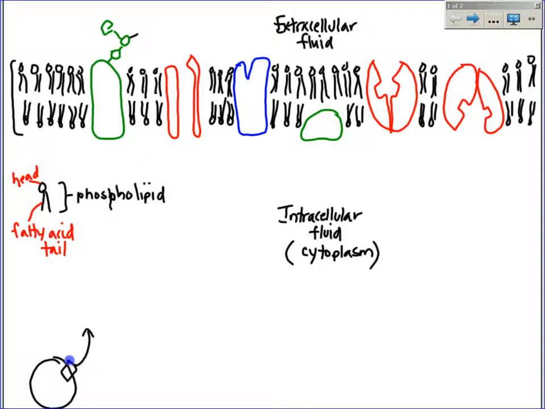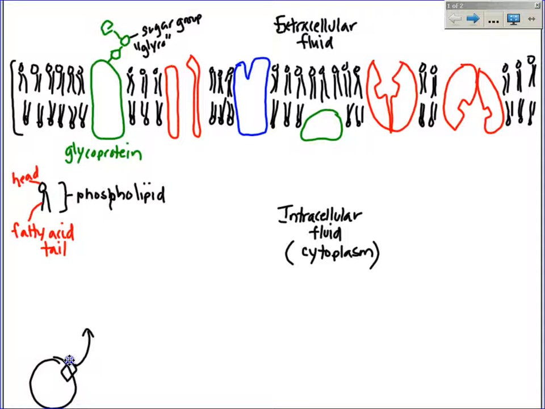So this is a sugar group that sticks out, and we refer to it as glyco. Okay, and the part that's embedded in the membrane is a protein, so we call that one a glycoprotein. Glyco because it has a sugar part sticking out, protein because it is a protein embedded in it.